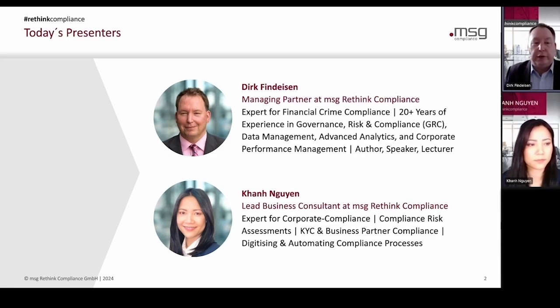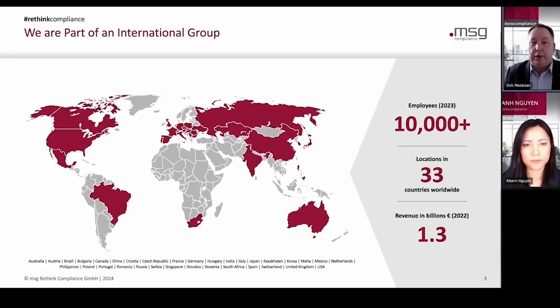And when doing an introduction, I would also like to introduce you to MSG Rethink Compliance. We are part of the MSG group, meaning we are part of 10,000 consultants who are supporting our customers in 33 countries worldwide, with roughly 1.3 billion in revenues.